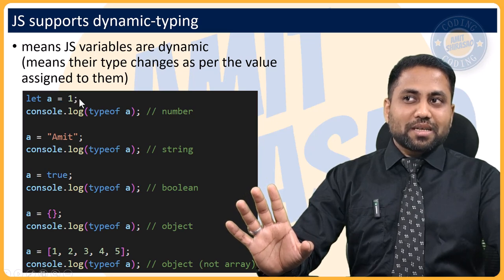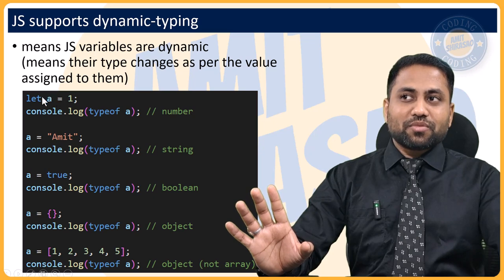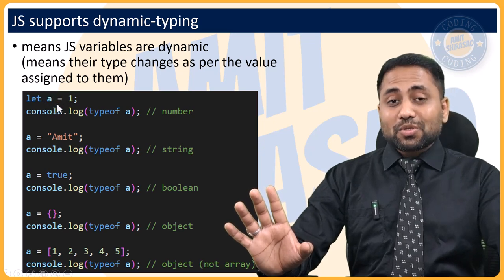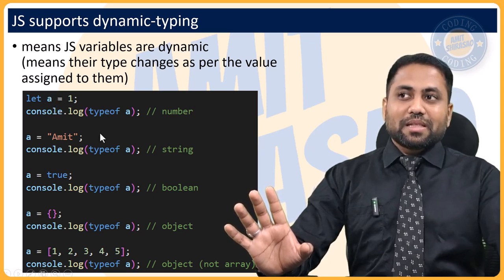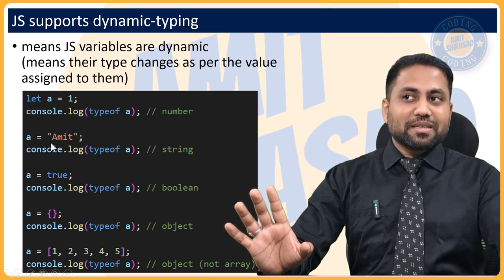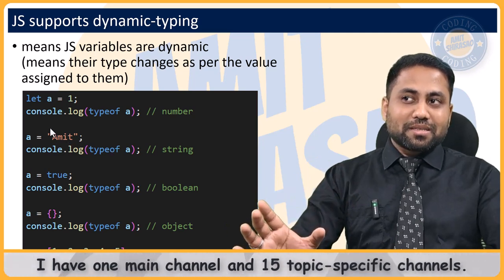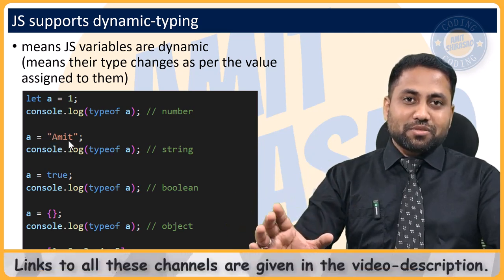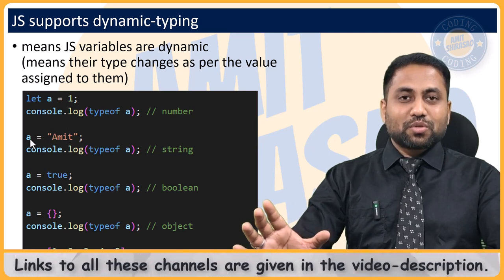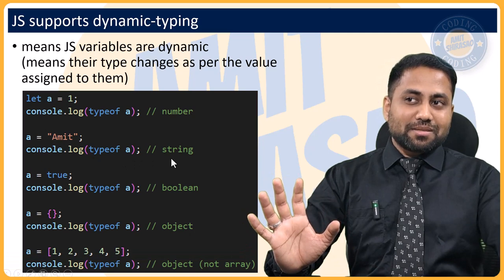The data type of this literal 1 is number, and that is why the data type of variable a is also number. Now I haven't initialized it again, I have just assigned a string value to it. This string value is of data type string, so the variable also gets the data type of the value assigned to it. That means it is now a string.